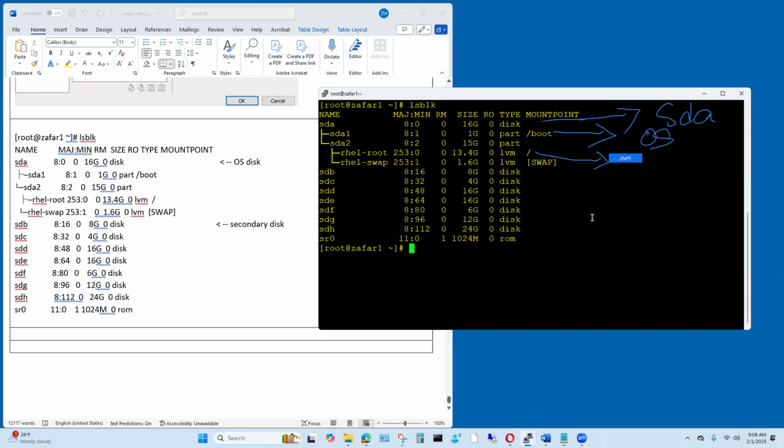Can you recall root? Topmost directory is what? Do you see the slash? Yeah, that's root. And then every operating system, even Windows, has a swap. It's called virtual memory. And then these are physical disks.